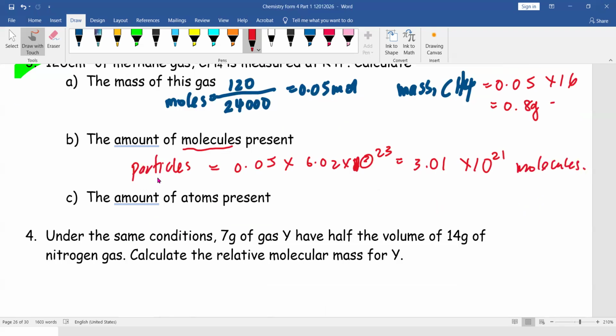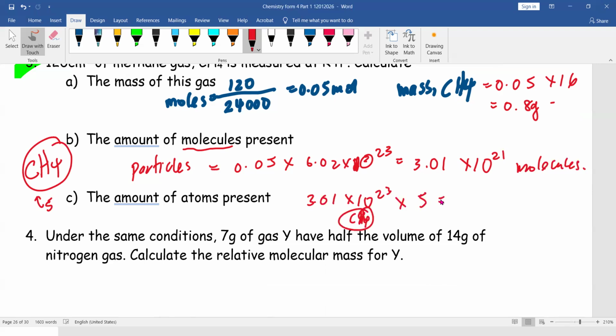Amount of atoms. So CH4 got how many atoms? 5. One CH4 got 5 atoms. So if I want to know the total amount of atoms, I just take 3.01 times 10 to the power of 21, which is the CH4, and you just times 5. So 1.505 times 10 to the power of 22 atoms.